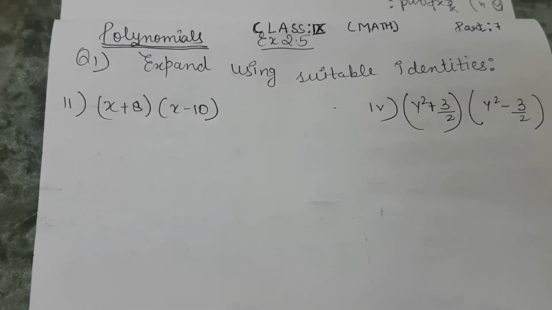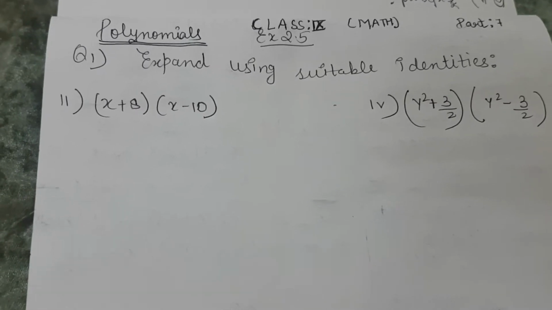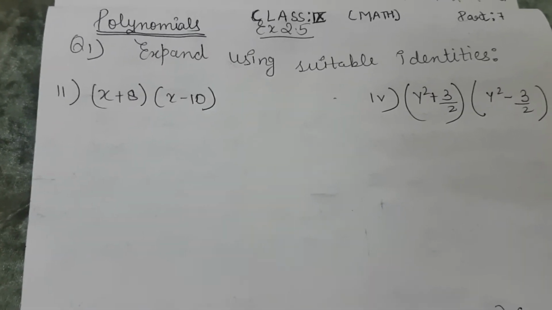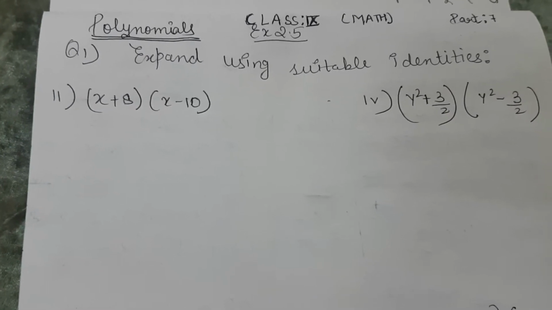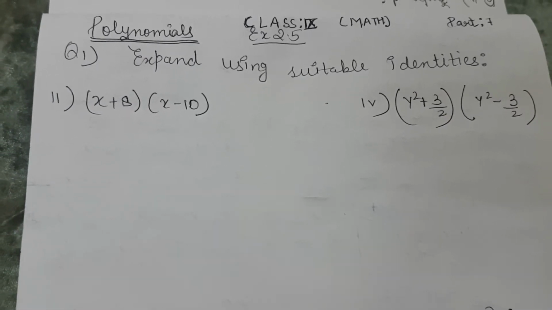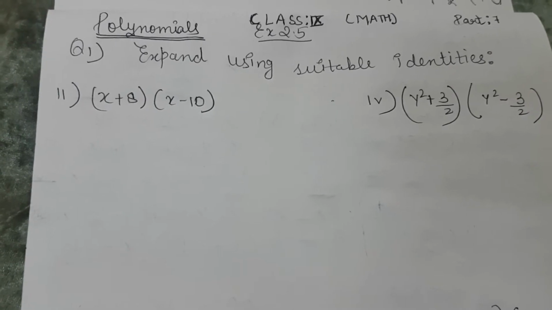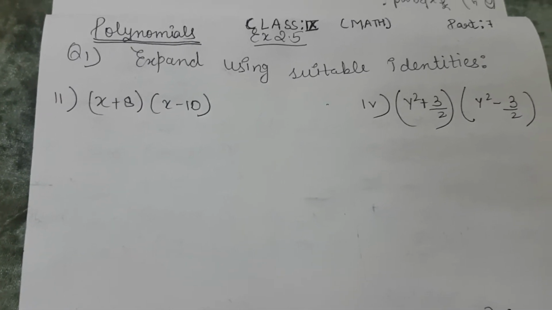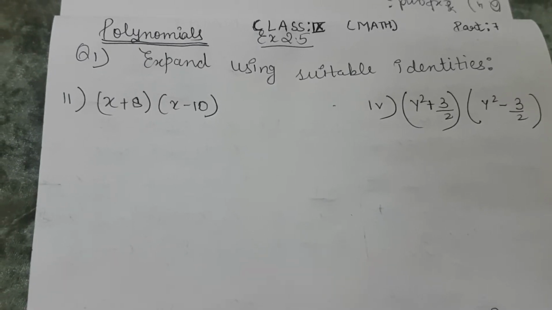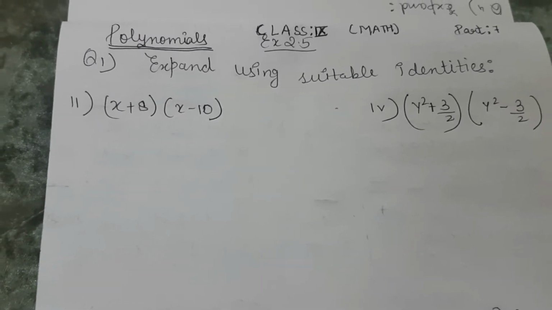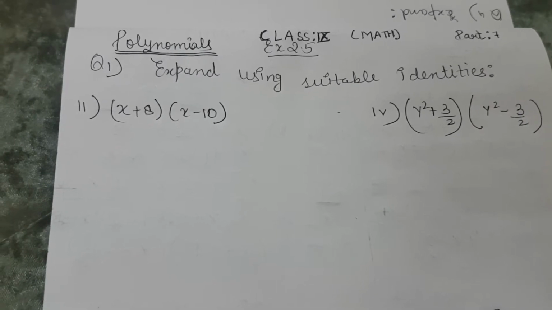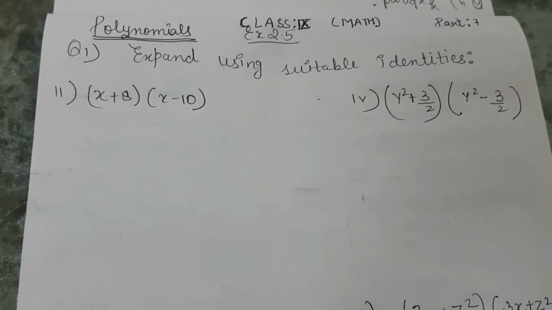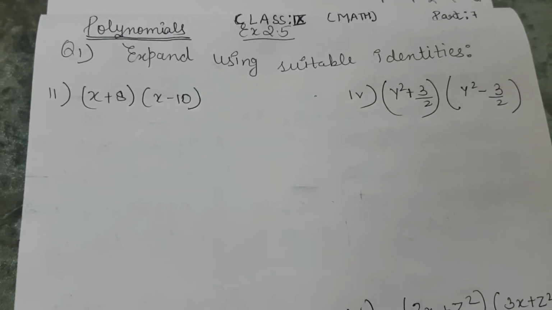I explained 9 identities, and today in this video we will do the questions from exercise 2.5 which are related to identities, but only the expand questions, meaning using the identities we need to expand. Only these types of questions we will do from exercise 2.5, and the rest of the questions I will explain in my next videos.